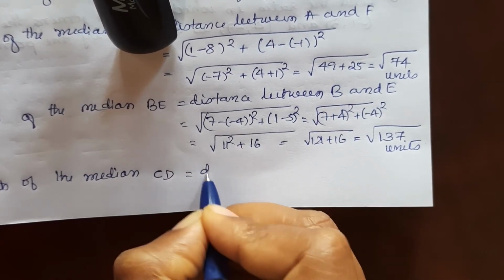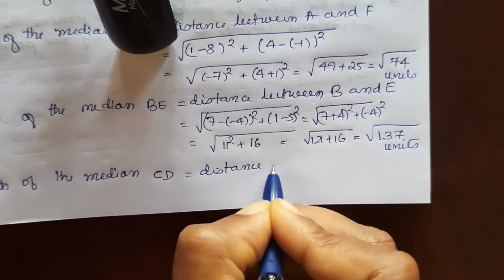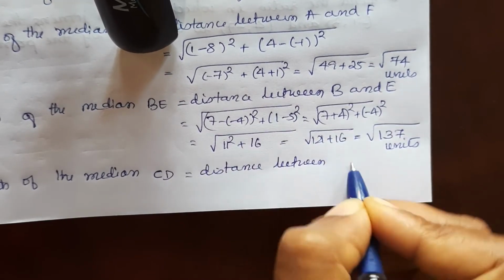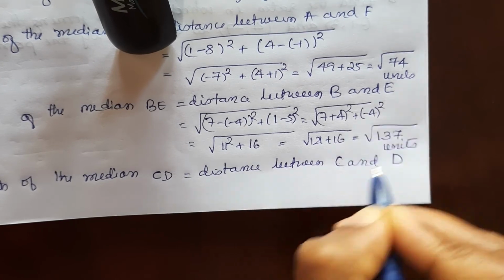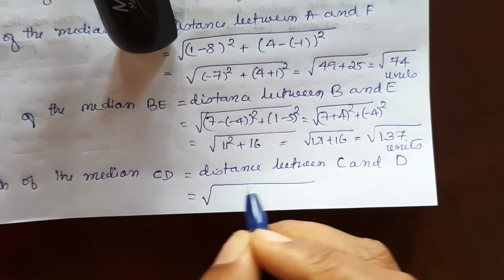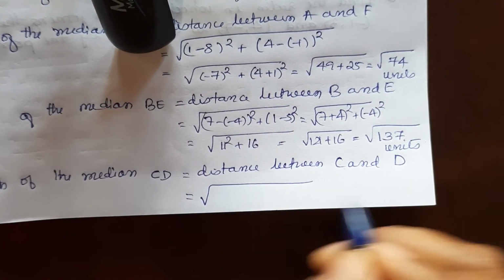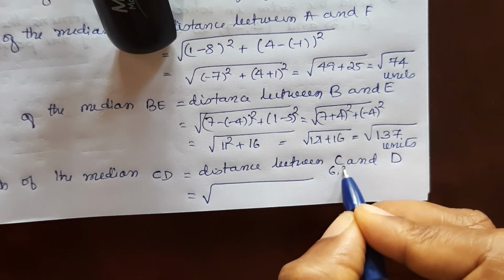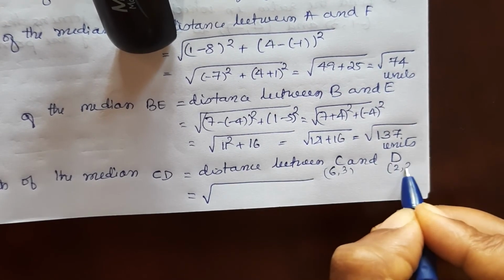Similarly, the length of the median CD will be equal to the distance between C and D. Go back and find the coordinates. The coordinates of C were (6, 3), coordinates of D were (2, 2).